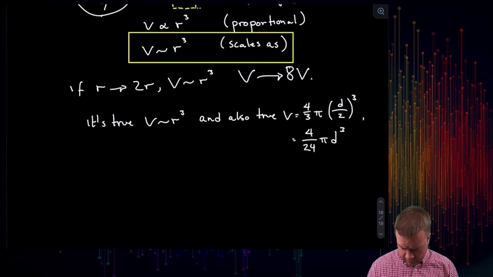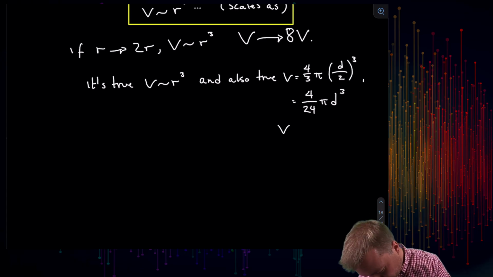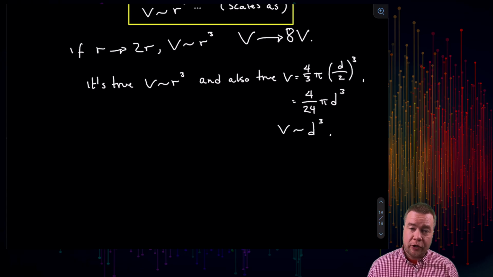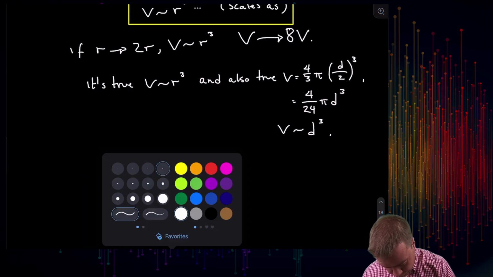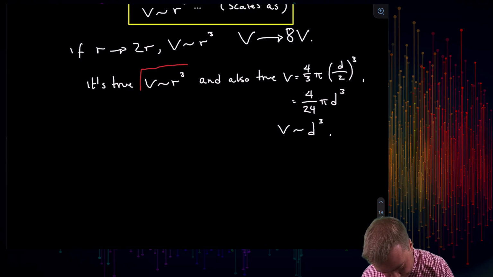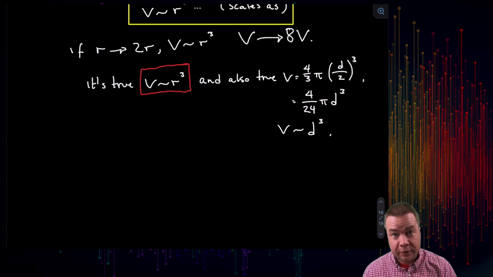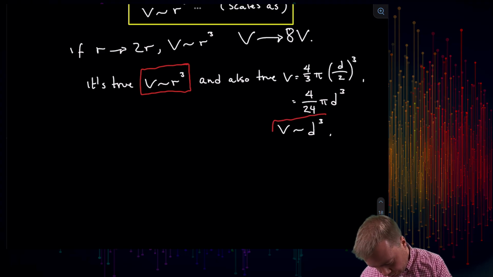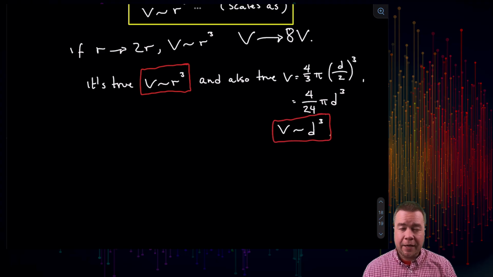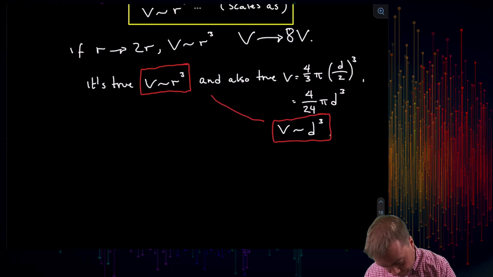If I expand that, I think I did that right. Or in other words, the volume scales as diameter cubed. So we've got two expressions here that come about from the scaling. The volume either scales as r cubed, the volume scales as the diameter cubed, or actually, it does both.